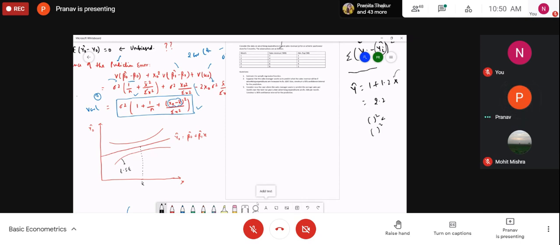Just value of y, that is instead of actual this y hat, what the sales manager wants us to do is we have to predict this, or we have to find out this, sorry, expected value of y.